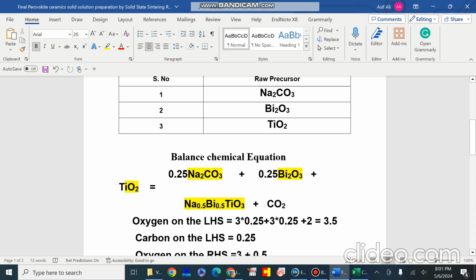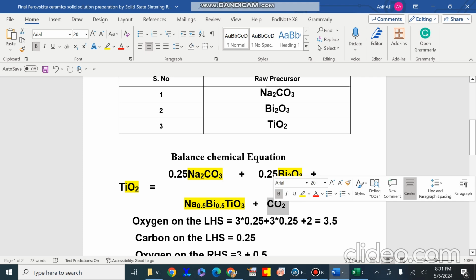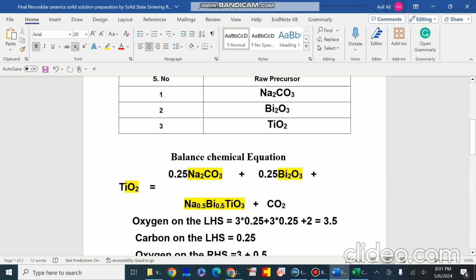The second important thing to note is that on the right side we always obtain some carbon dioxide. If we look at the left side of the equation, we have 0.25 carbon as a whole, so on the right side we will put 0.25 carbon initially.